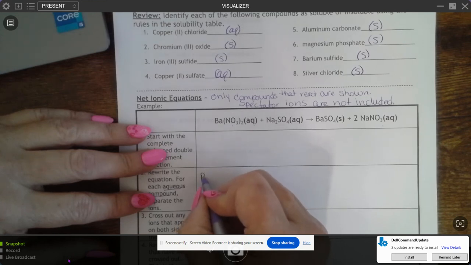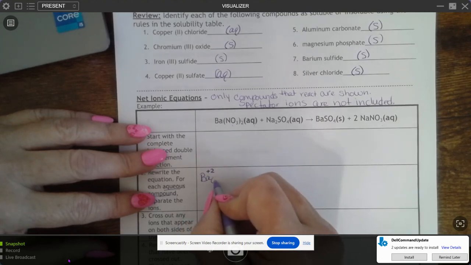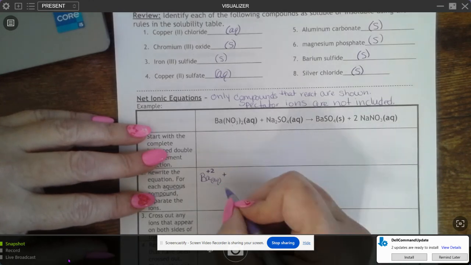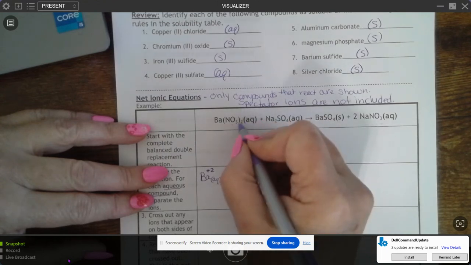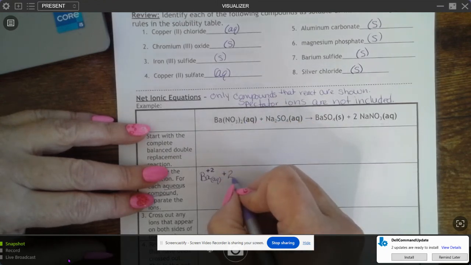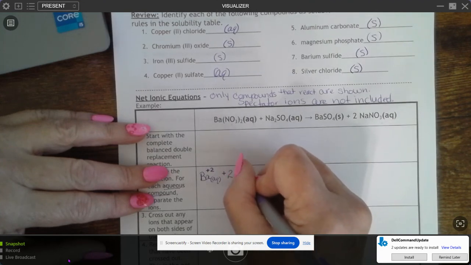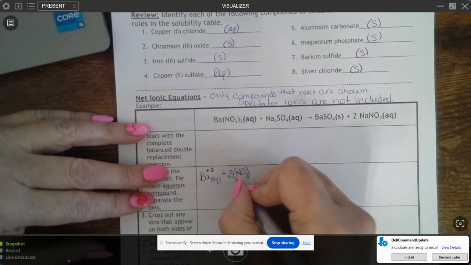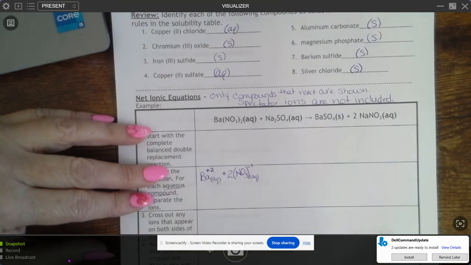Barium is a +2 ion, aqueous. Barium nitrate is made up of the barium ion and 2 nitrate ions. That's what that 2 means. It only applies to the NO3. So 2 NO3 ions that have a -1 charge, and those are aqueous.